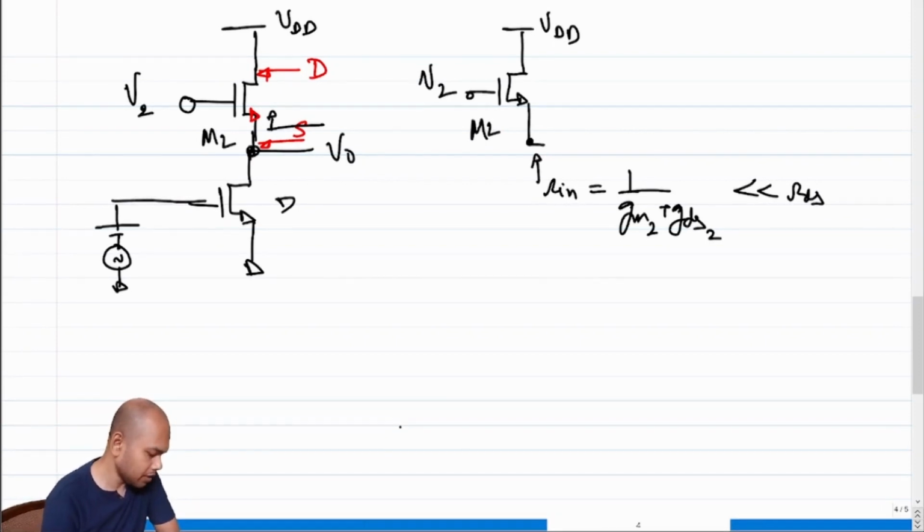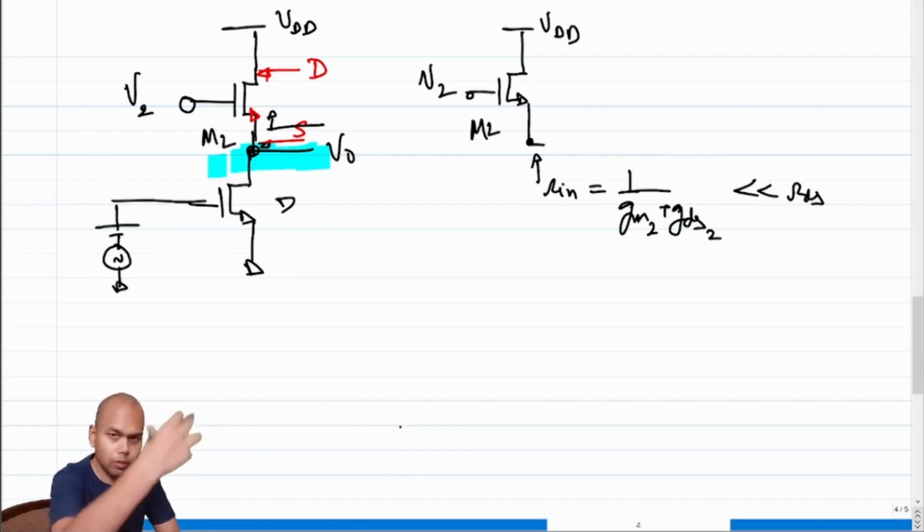What was the requirement? We wanted this terminal, V naught, whatever is connected to V naught from the top, to be the drain. Now, in case of an N MOSFET, the lower potential terminal is always the source, right?